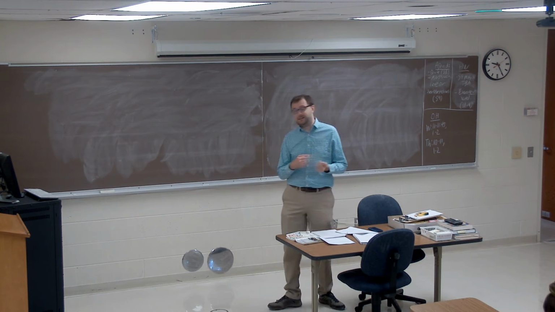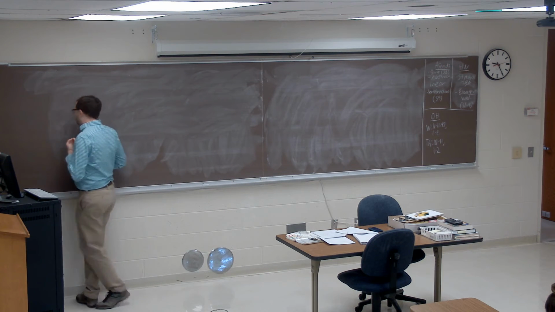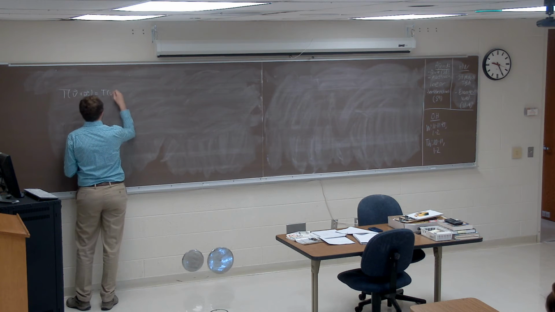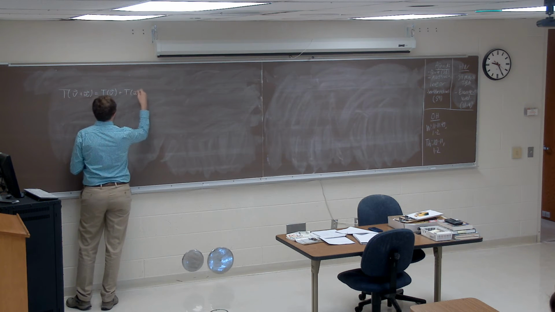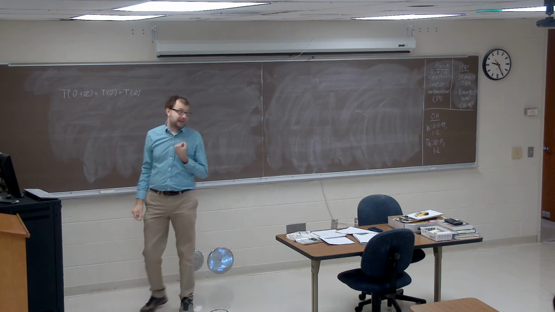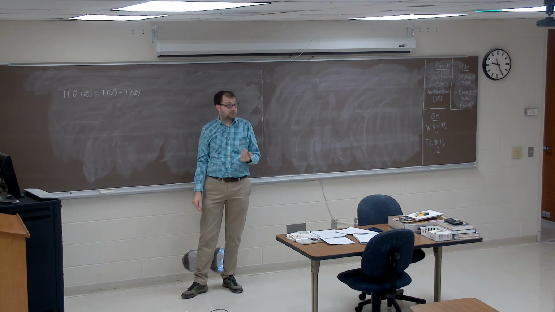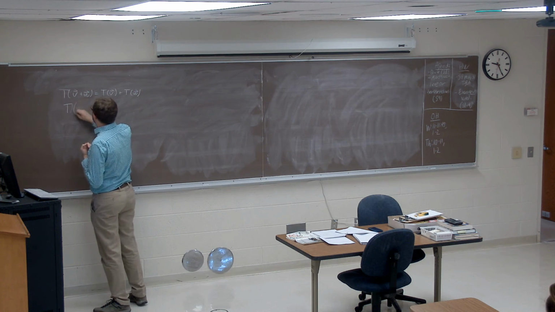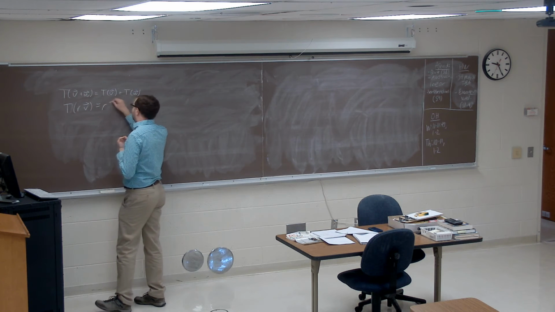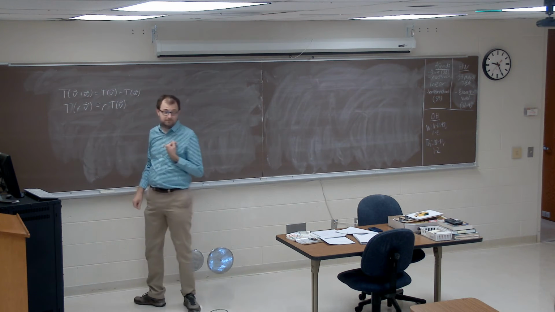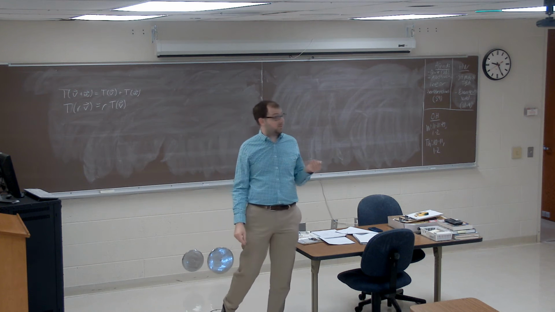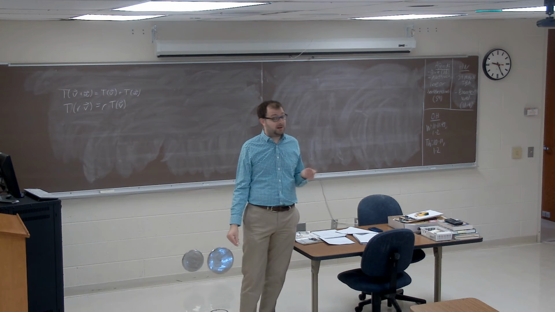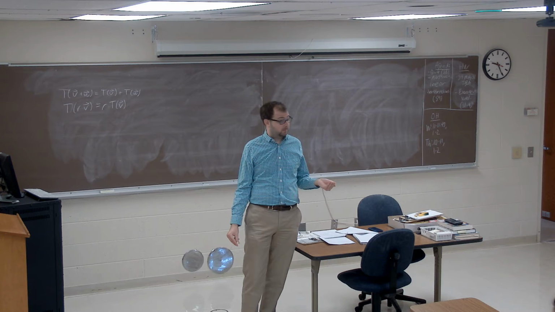One was that it breaks up nicely over addition, meaning T of V plus W equals T of V plus T of W. The other was that you can pull scalar multiples outside of your function, meaning that T of R times V equals R times T of V. We said back in Standard 3 that a function from Rm to Rn that satisfies these two conditions has to be linear, and vice versa.